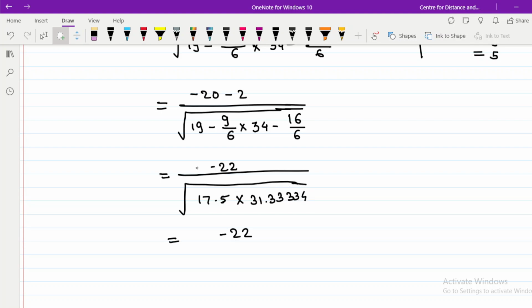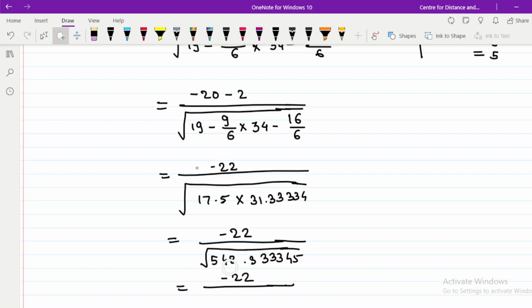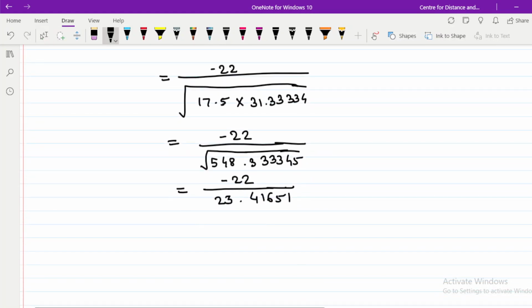which is equal to minus 22 divided by under root 17.5 into 31.33334 is equal to 548.333345, which is equal to minus 22 divided by the value of under root 548.333345 is equal to 23.41651, and the value of minus 22 divided by 23.41651 is equal to minus 0.93.